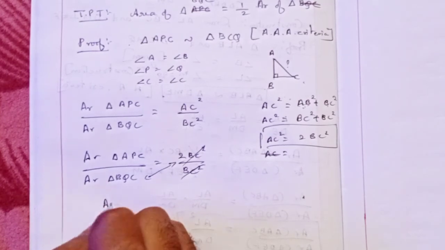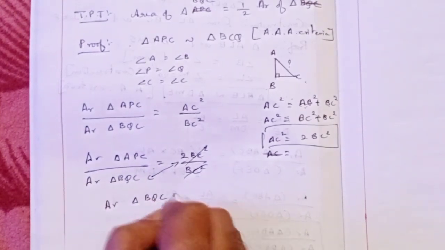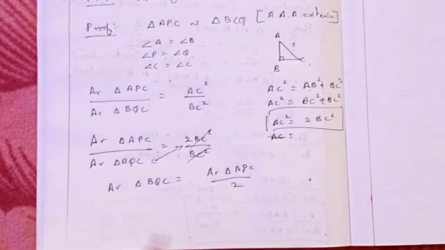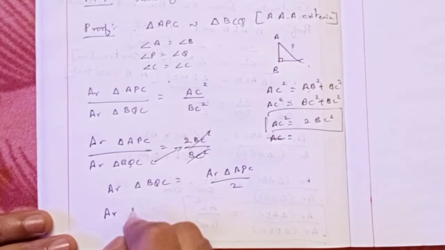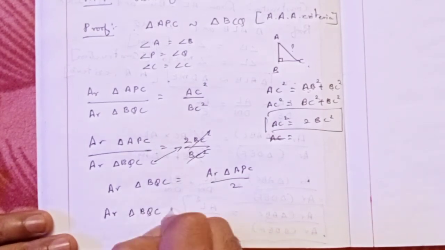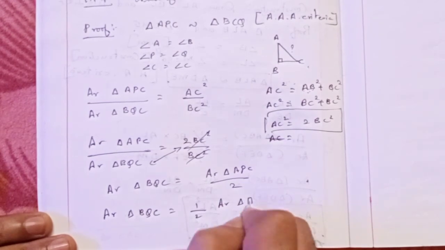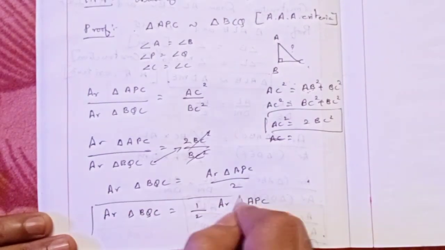Area of triangle BQC is equal to area of triangle APC by 2. Or this can be written as area of triangle BQC is equal to half of the area of triangle APC. So hence we proved the required answer.